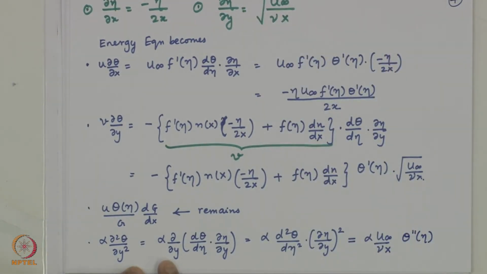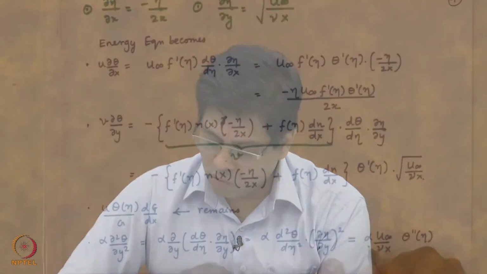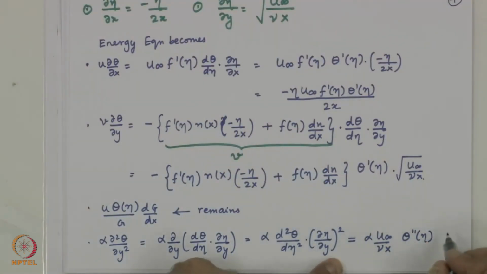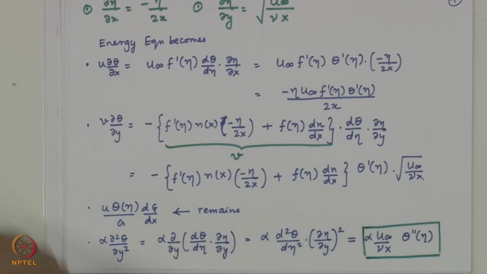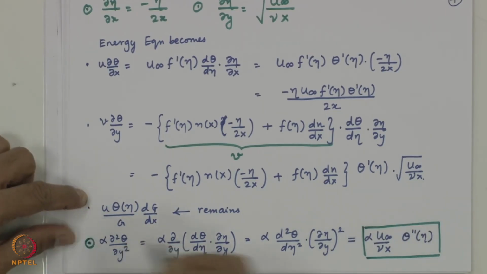Another conversion from y to η would give another dη/dy. So this would give me α by ν. ν over α is the Prandtl number. We will define that later. So you get this as your first term on the right hand side.